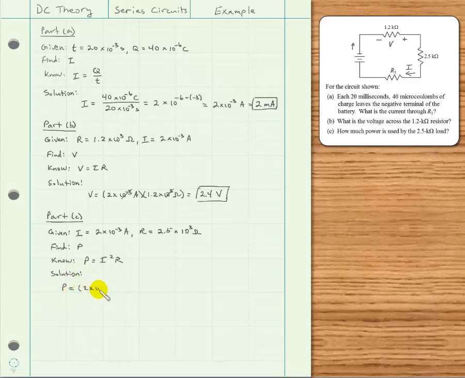Power is current squared, that's 2 times 10 to the negative 3 amps squared, times 2.5 times 10 to the third ohms.